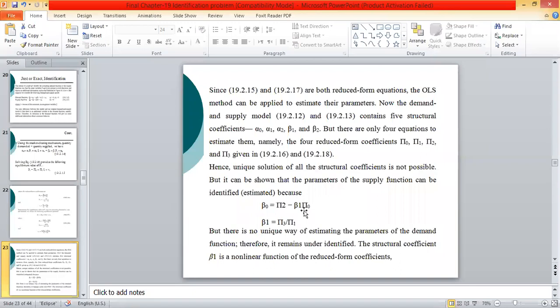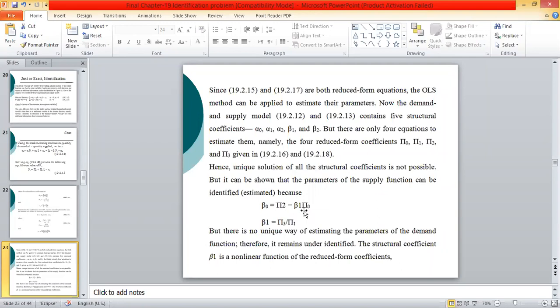We will get the numeric values when we estimate the reduced form, when we regress the quantity on the income, and when we regress the prices on the income, we get the numerical values.